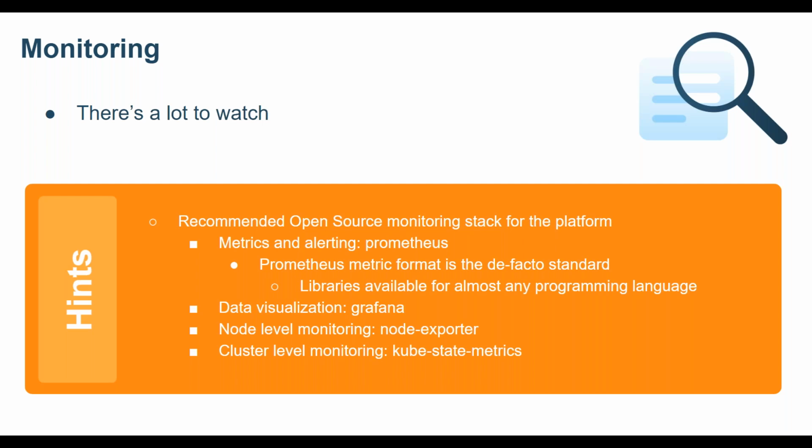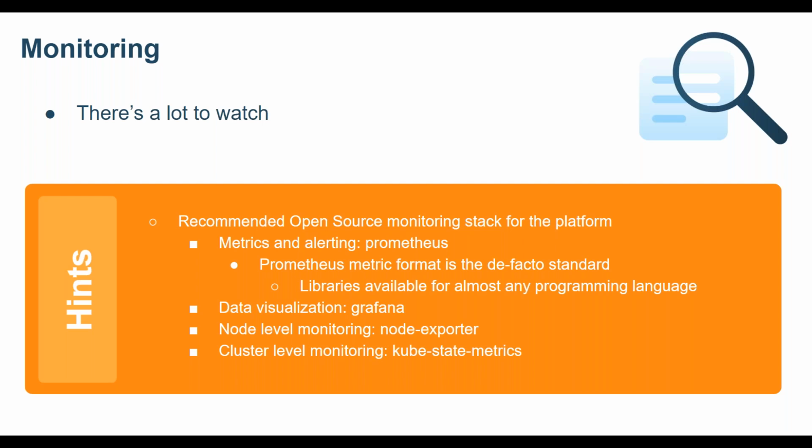First of all, for monitoring and alerting, use Prometheus. Prometheus recently has become the de facto standard for monitoring anything in Kubernetes. Every service, basically every project that I mentioned during this webinar, exposes monitoring metrics using the so-called Prometheus format.